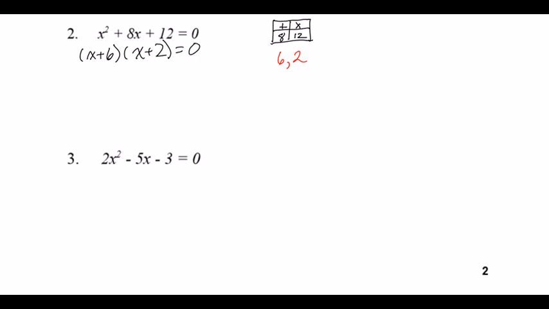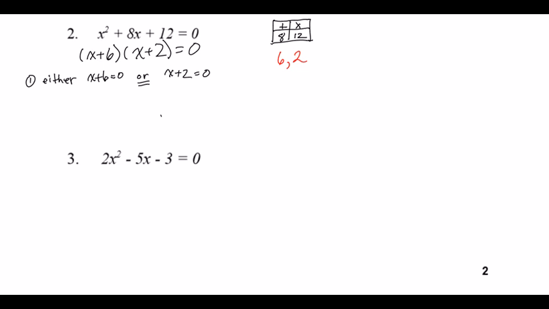Now that I have that, the next part of our problem is we have to say either x plus 6 is equal to 0, using our zero product property, or x plus 2 equals 0. So now all we do is solve for x.